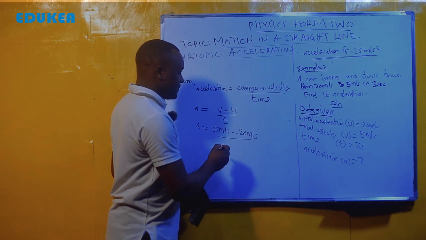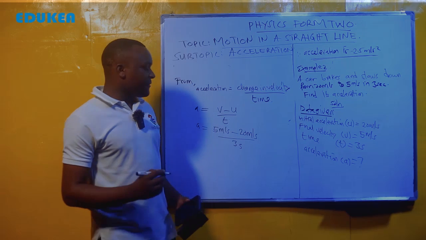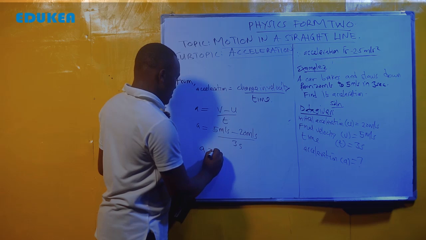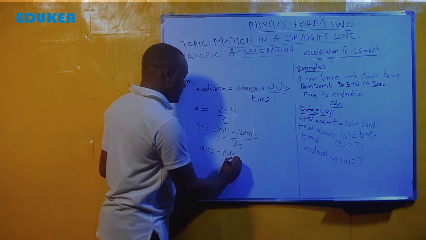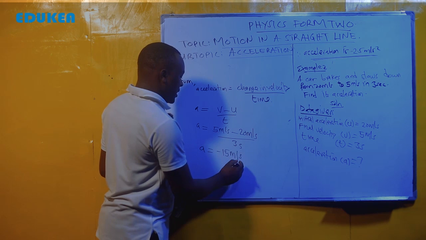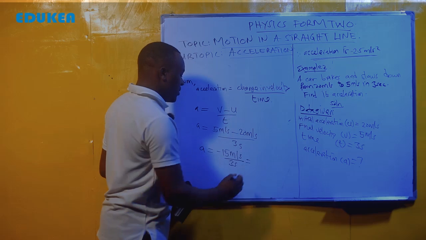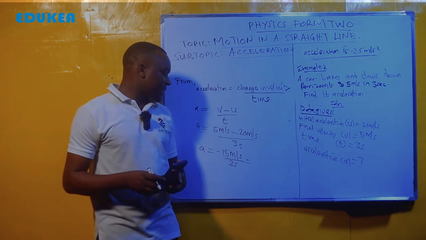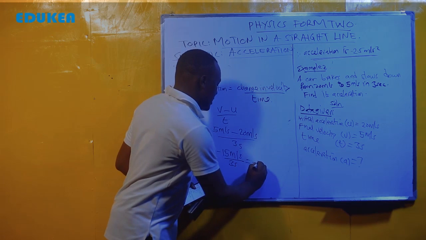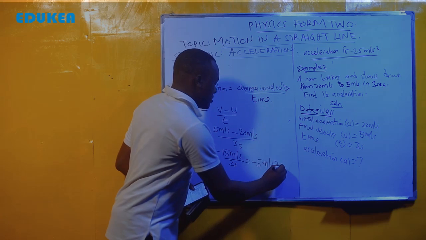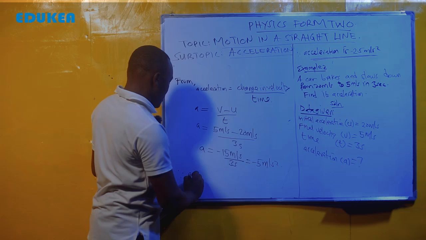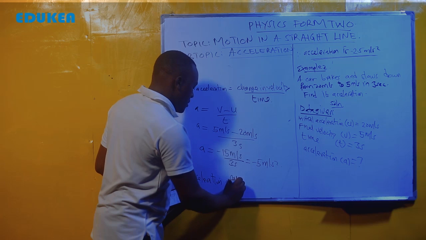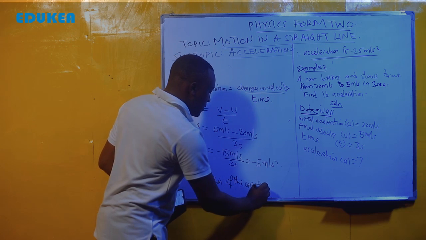If you take 5 minus 20, you get negative 15 meter per second, divided by 3 seconds. You get negative 5 meter per second squared. So the acceleration of the car was negative 5 meter per second squared.